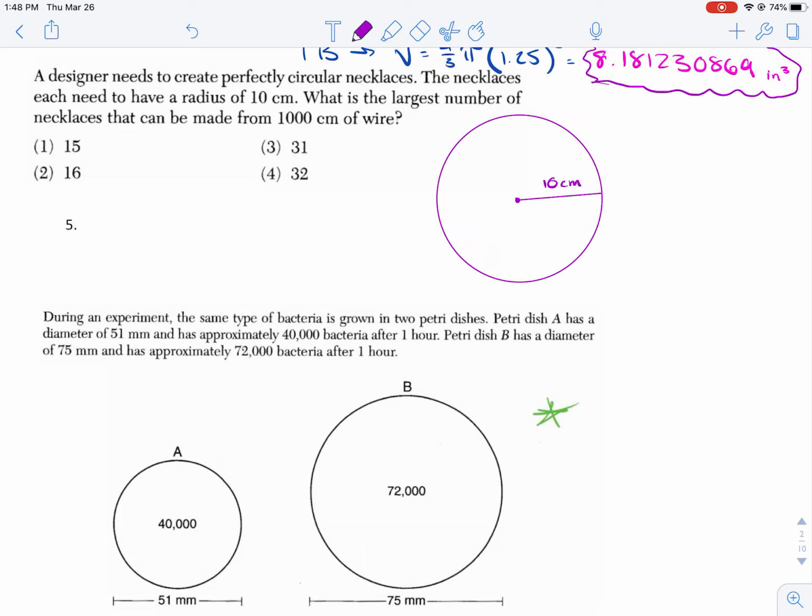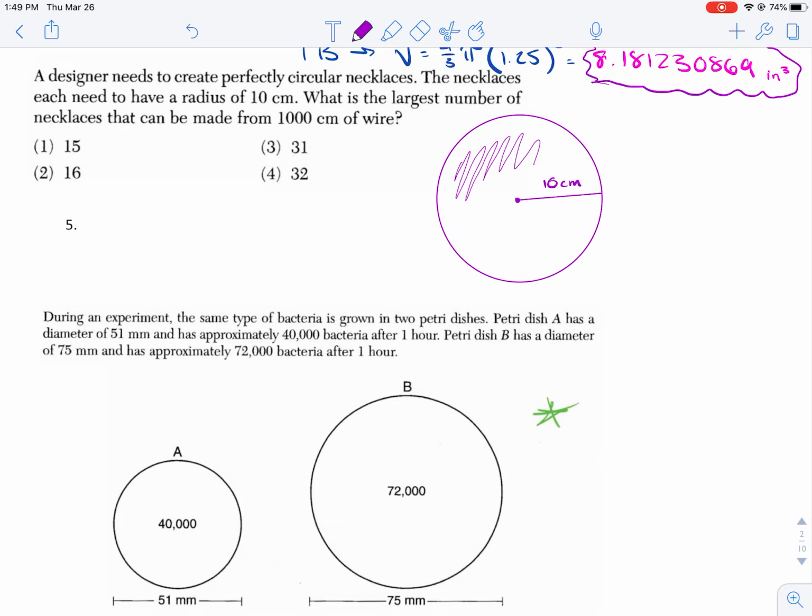It says, what is the largest number of necklaces that can be made from 1,000 centimeters of wire? Now, what we are not trying to find is the area of this circle, okay? Because that wouldn't make sense. How would you put the necklace on if your necklace covers the whole center?